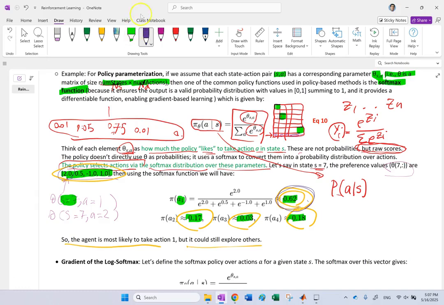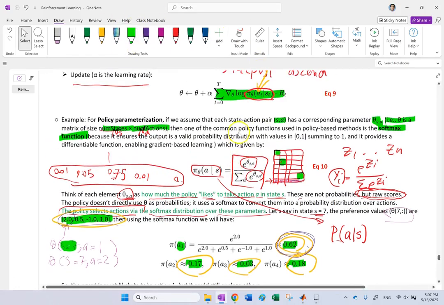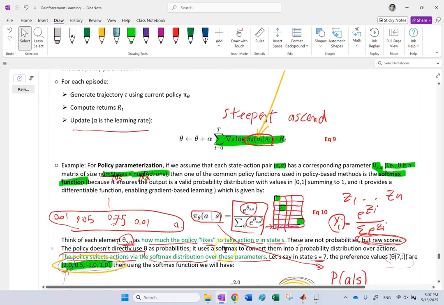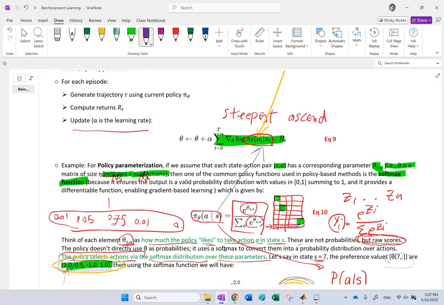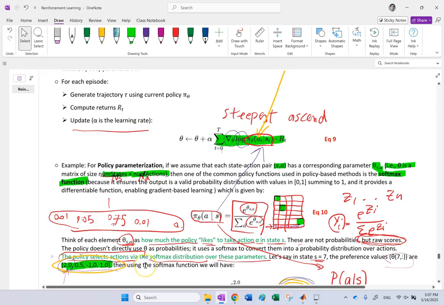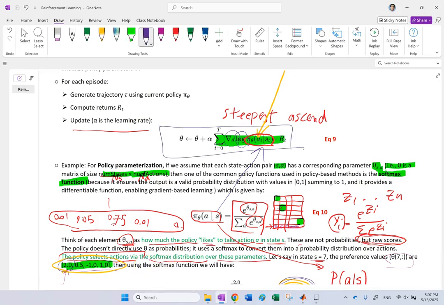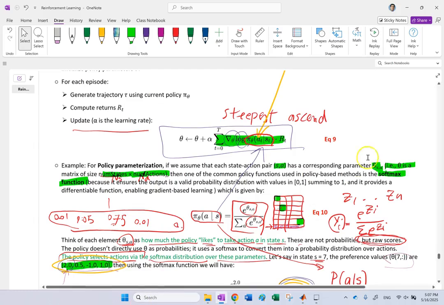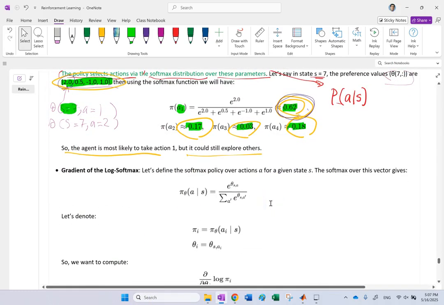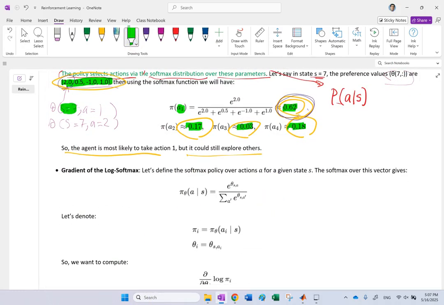Good. So if my policy function is the softmax function, now let's go ahead and plug it up here, take a log of it, take a gradient of it, and see what happens to my update equation for the steepest ascent. So here we go. This is my policy function.